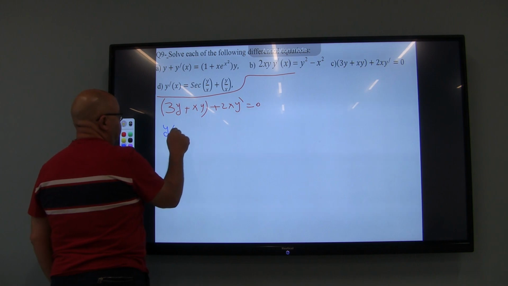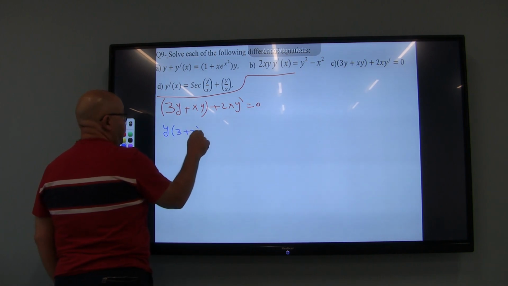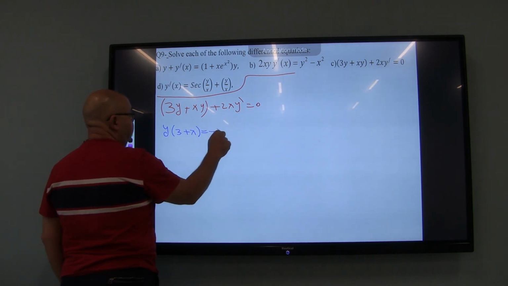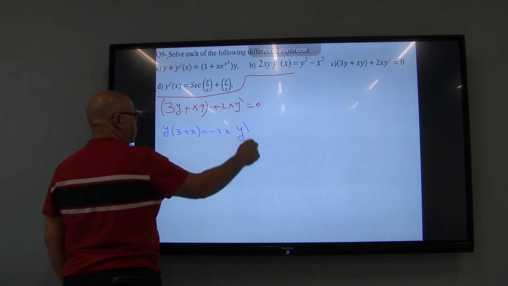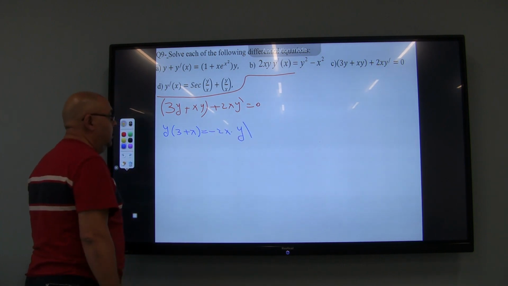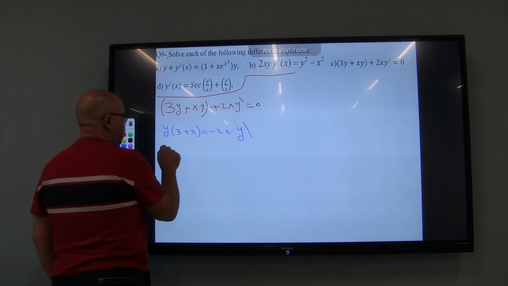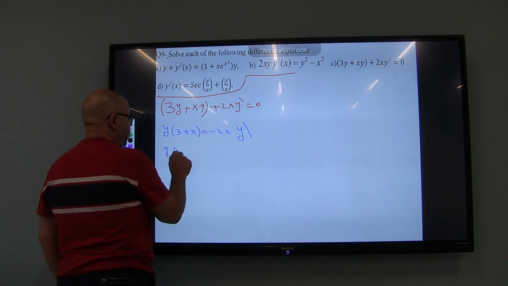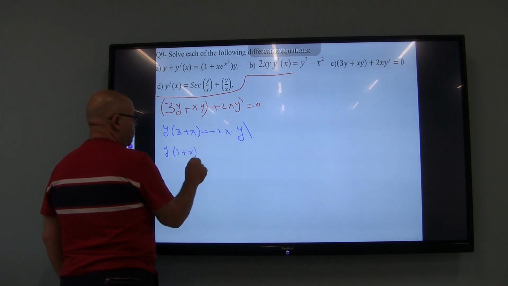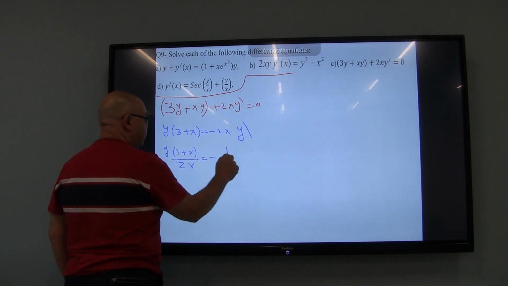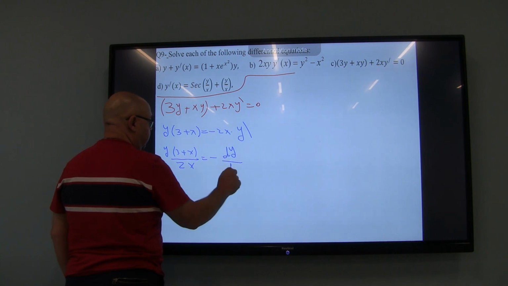It's going to be y times 3 plus x, which is going to equal negative 2x times y dash. Okay, rearrange your terms. I think y times 3 plus x over 2x equals negative dy by dx.